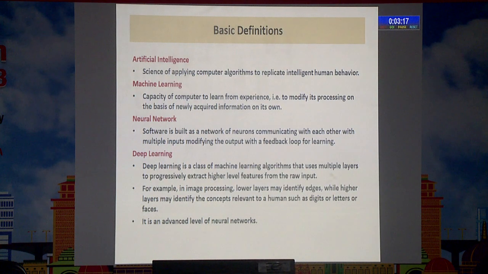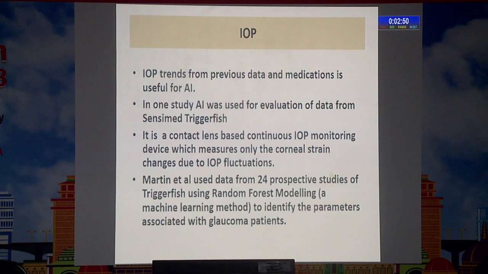And deep learning is a class of machine learning algorithms that uses multiple layers to progressively extract higher level features from the raw input. For example, in image processing, the lower level layers may identify the edges, while the higher levels may identify concepts relevant to humans, such as digits or letters or faces. So it is a kind of advanced level of neural network.